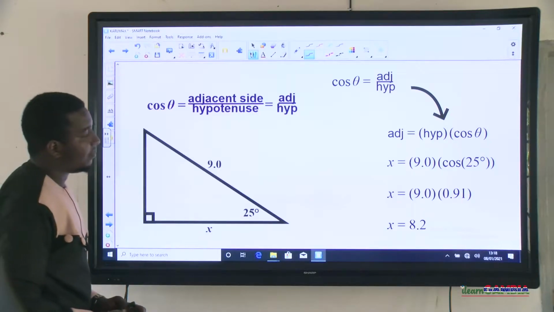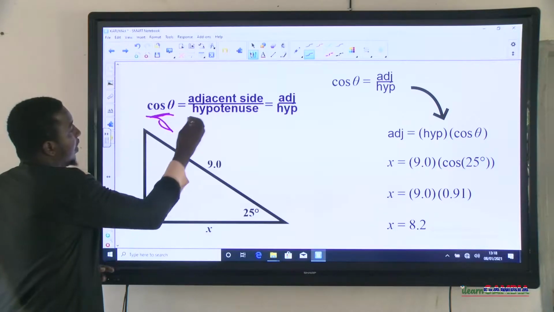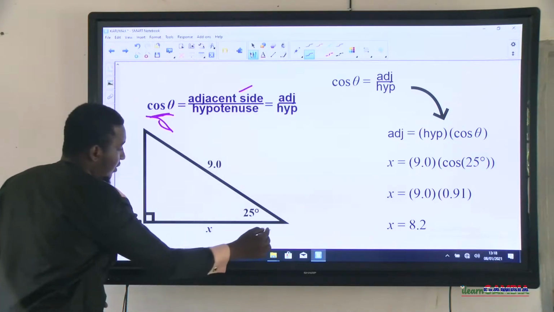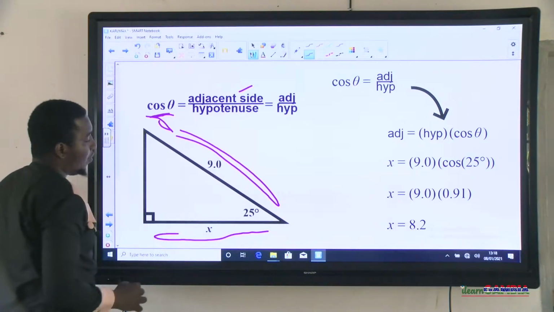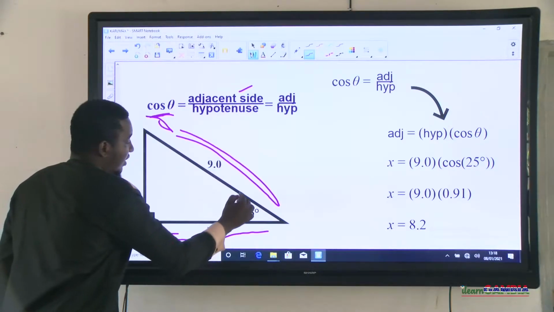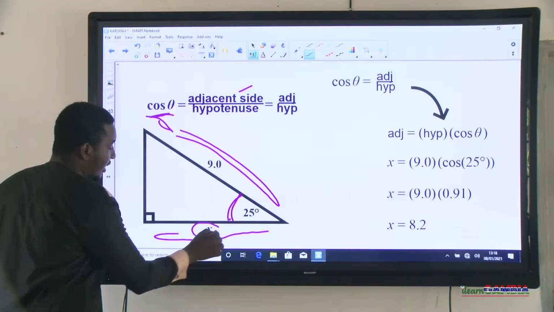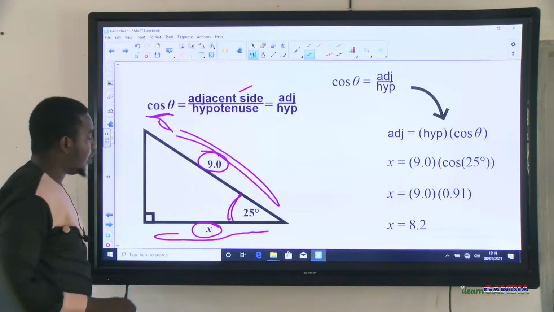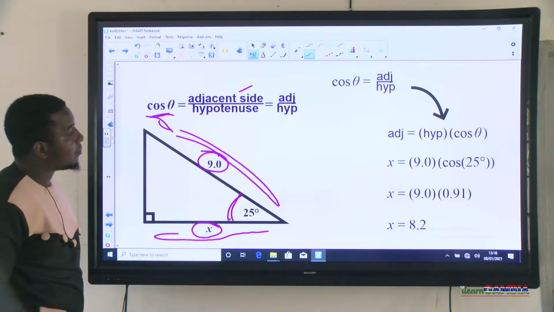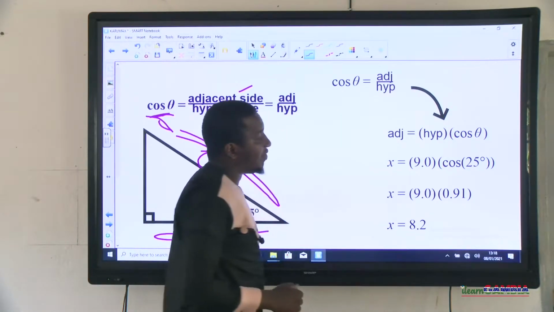Here we have the solution. Remember, the formula for cos is adjacent, that is this side, divided by the hypotenuse. The reference angle is 25 degrees, and the side that we want to find is x. We are given 9.0 as the hypotenuse. The formula is cos equals adjacent over hypotenuse.